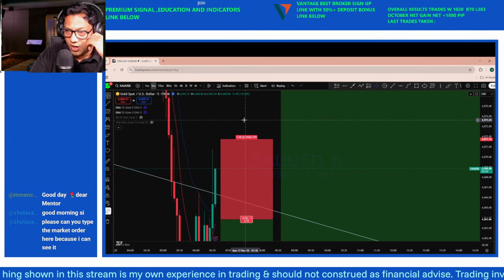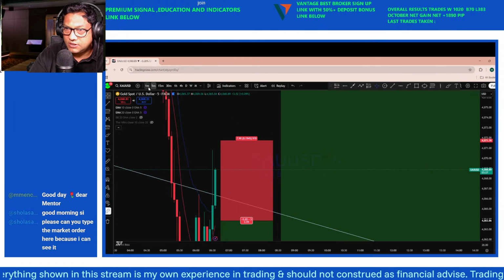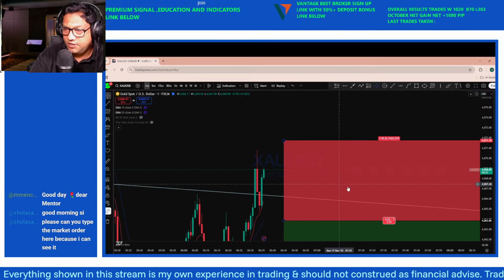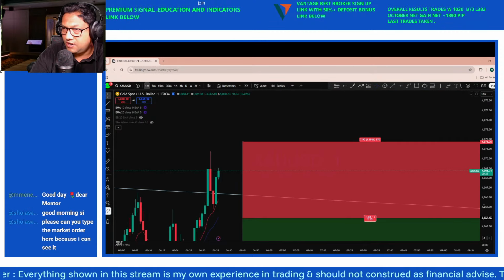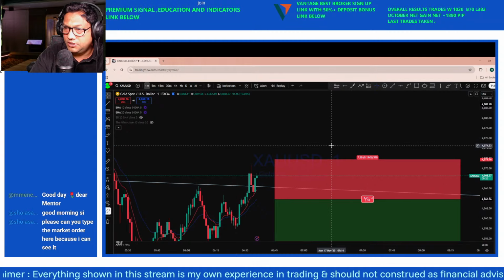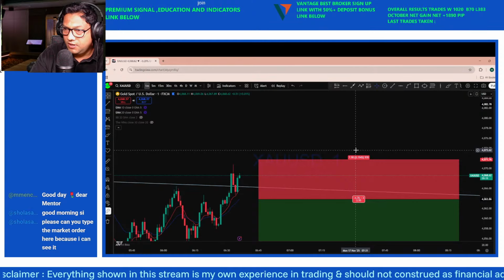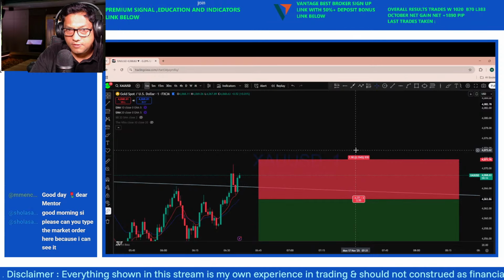The first trade that we have opened was successfully running in. The second trade, we might see some deeper pullback in that area.